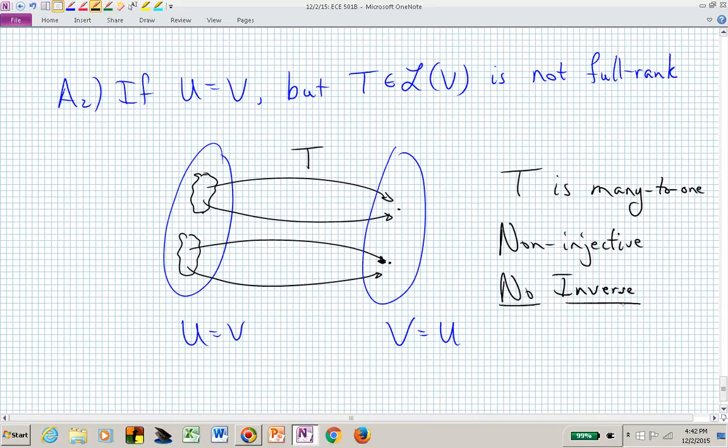And we also know that T is not going to be covering, or we can't get to every vector in U or V from T, because it's non-surjective.